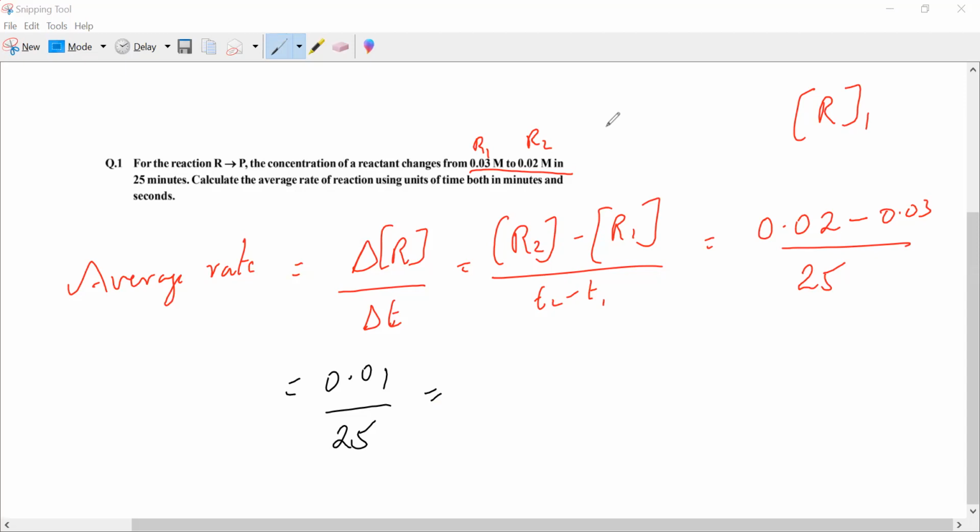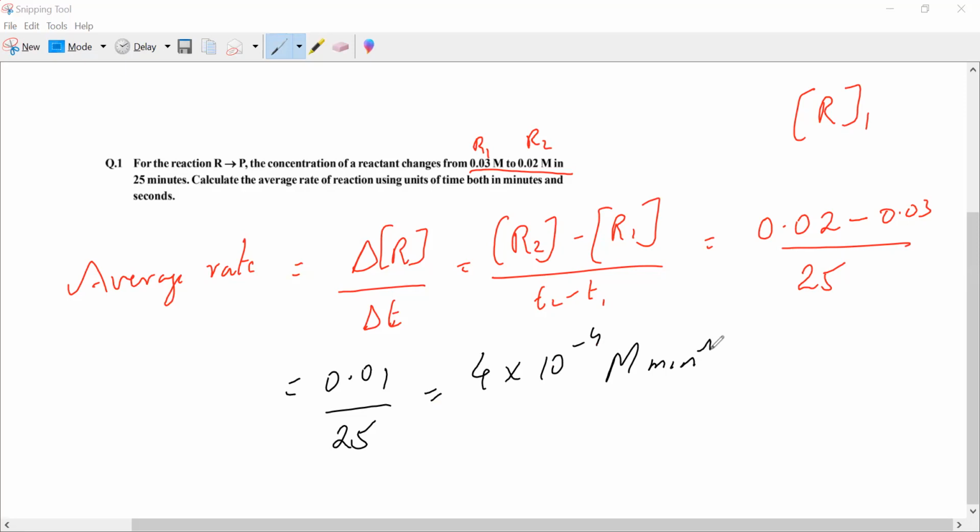Yes, so this 25 is in minutes, so I have to calculate both the things. I think one more answer I got is this one: 4 into 10 power minus 4 mole per minute.